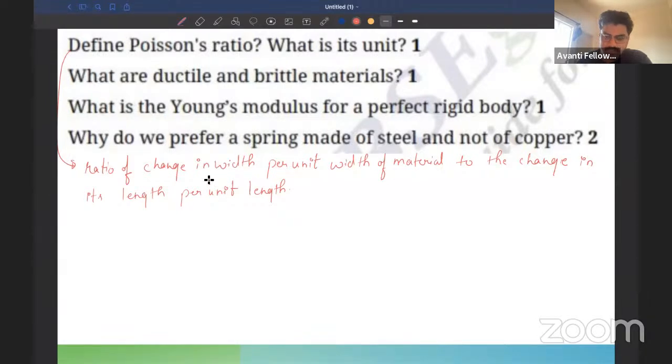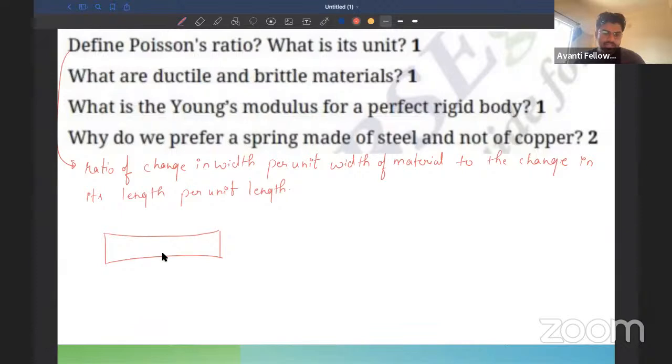Okay, अब इसमें if I talk about the logic, it is very simple. ध्यान से देखना. Okay, so this was a rod. ये एक rod था.